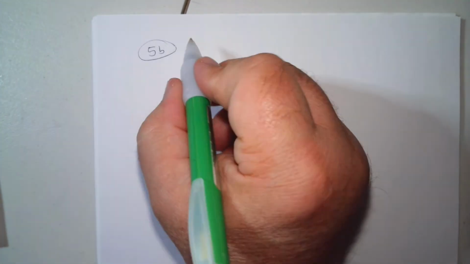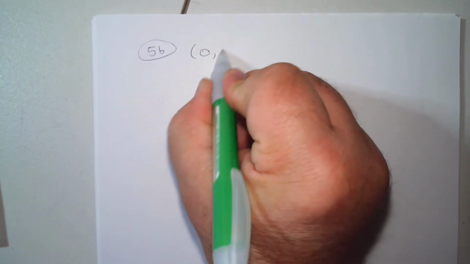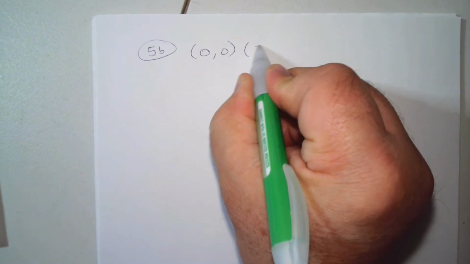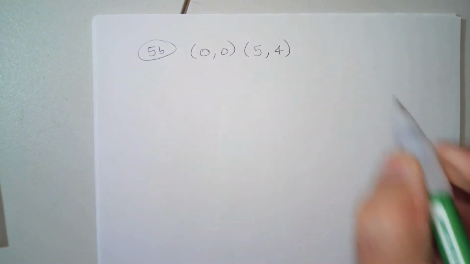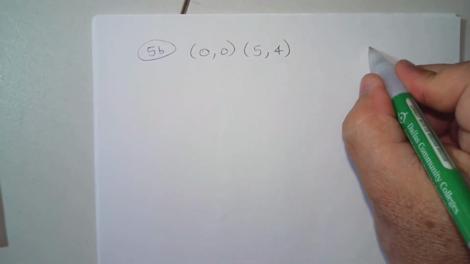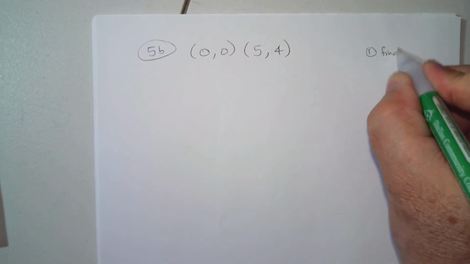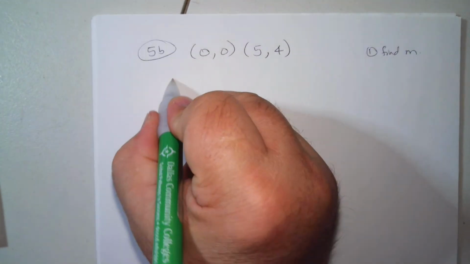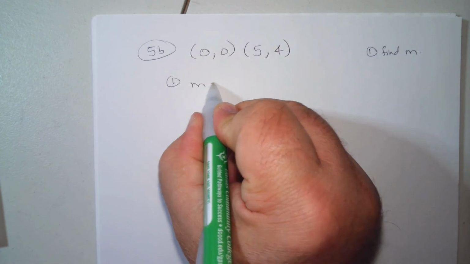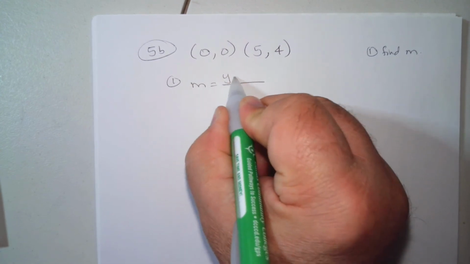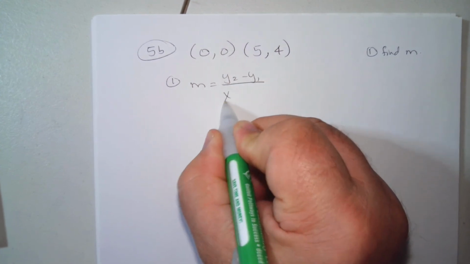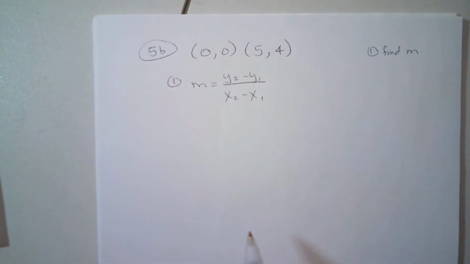Five B. The points are 0, 0 and 5, 4. Find m. So we first have to find the slope. y2 minus y1, x2 minus x1.